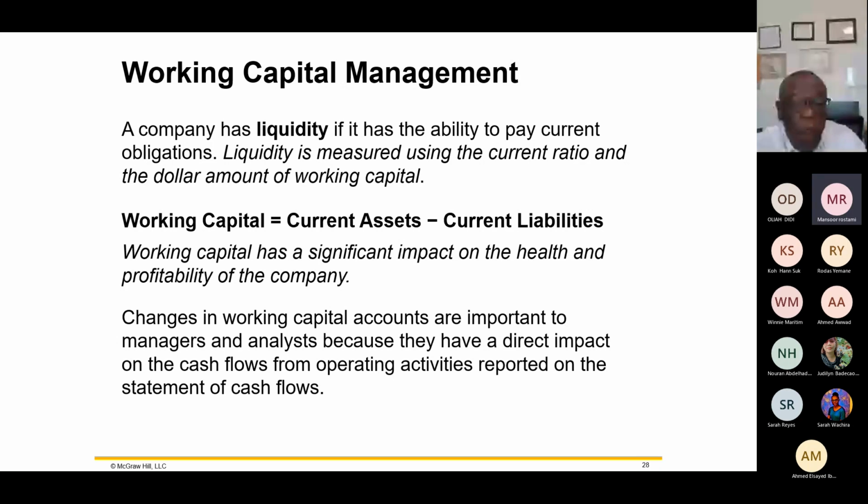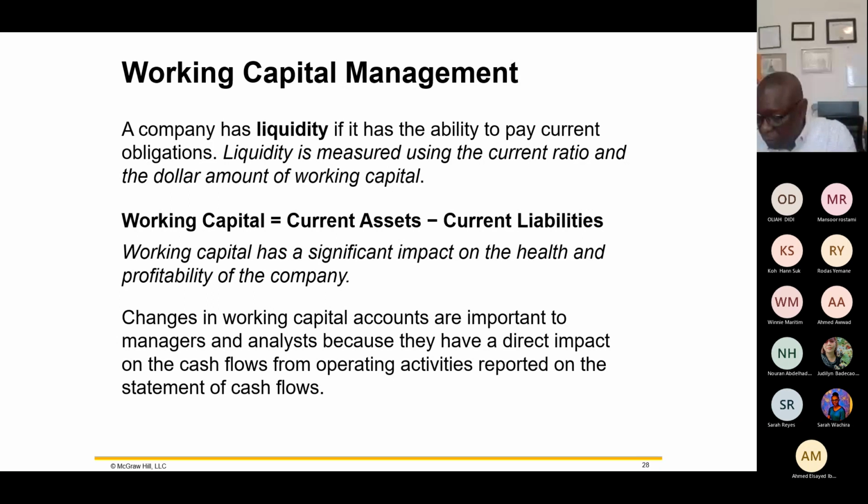Is that current assets over current liabilities? Current assets divided by current liabilities. That is one of the working capital ratios.